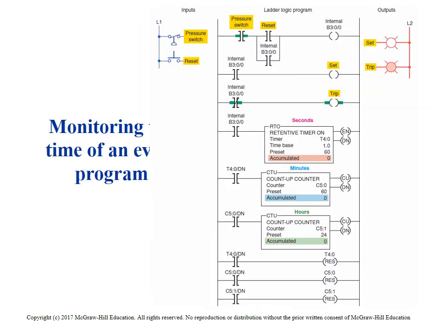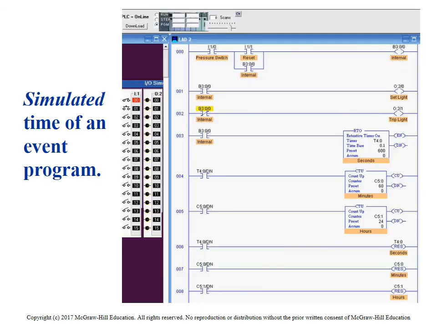So here we are again with the same thing, looking at a simulation of a time-of-event program. Again, they're using a timer and some counters, adding this all together to come up with solutions.